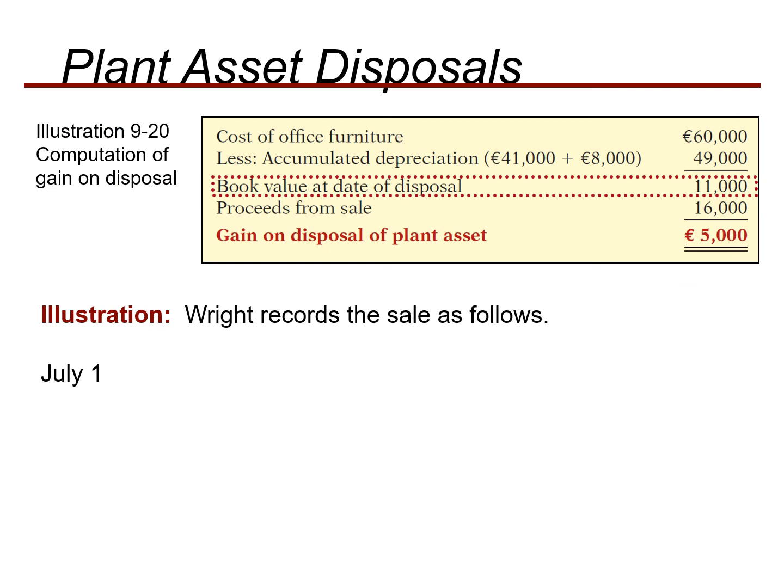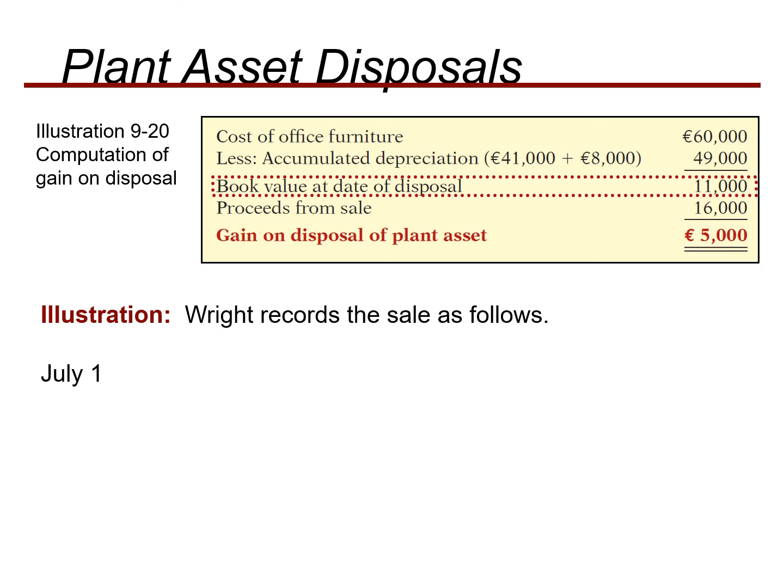Now we have to calculate the computation of gain on disposal. The cost of office furniture is 60,000, and we calculate accumulated depreciation. The accumulated depreciation for the previous period was 41,000, and for the current period it is 8,000. So we add up those accumulated depreciations, and 49,000 is the accumulated depreciation.